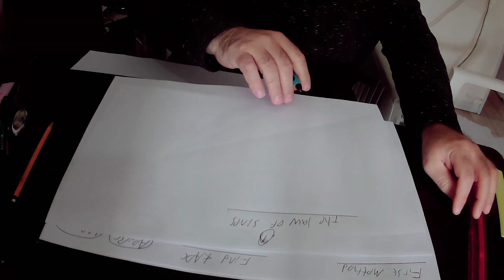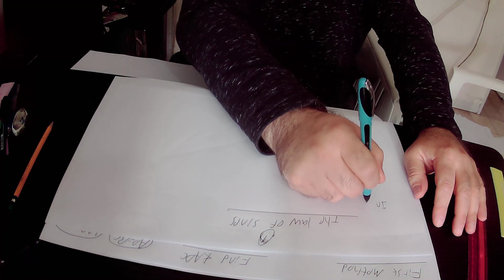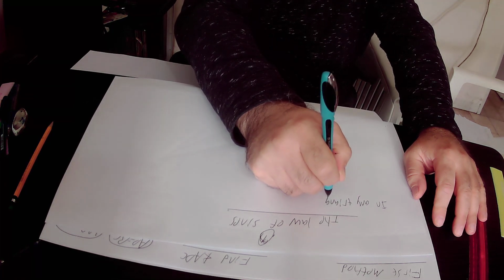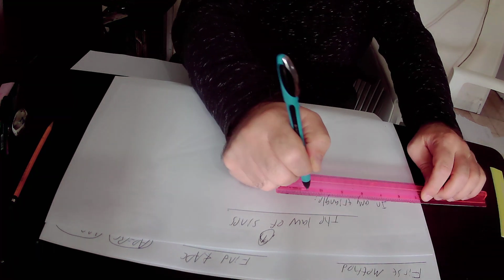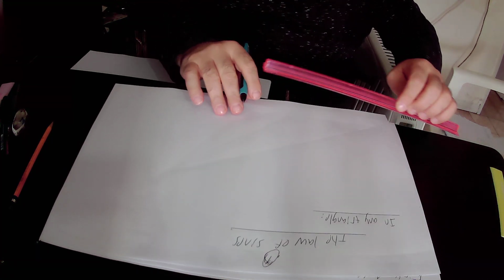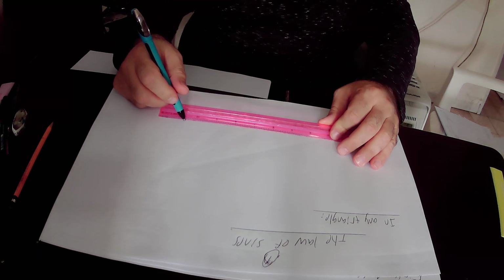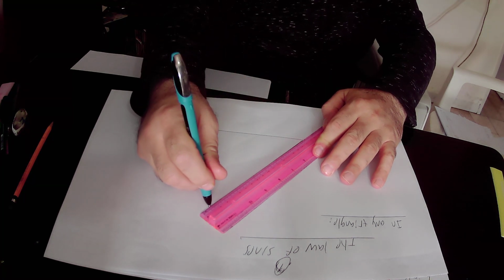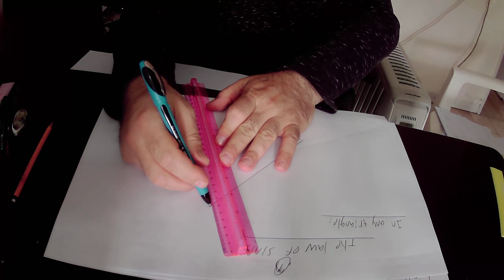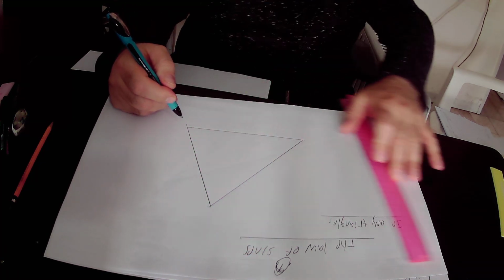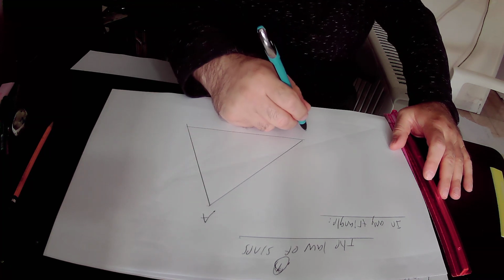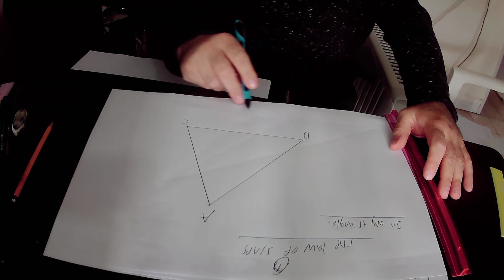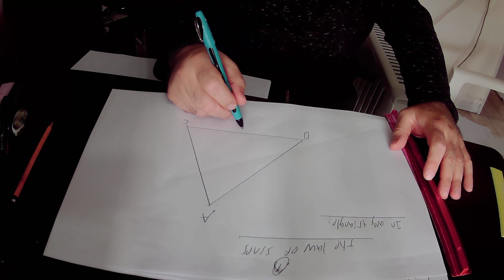So if we have a triangle ABC, that could be any triangle, and we know that the length of side BC of triangle ABC equals A units.